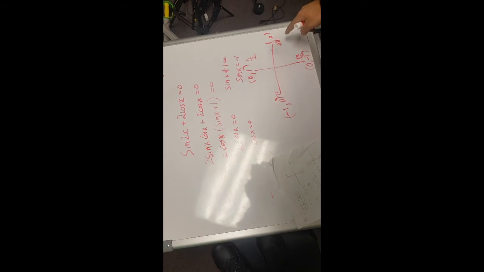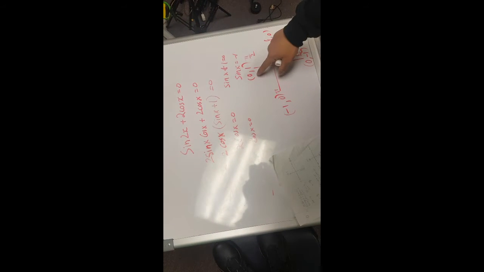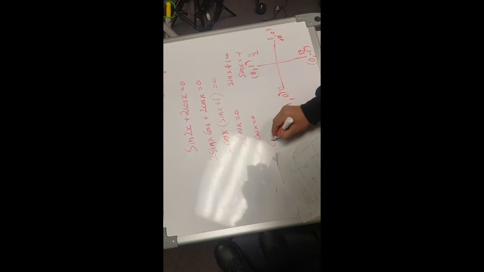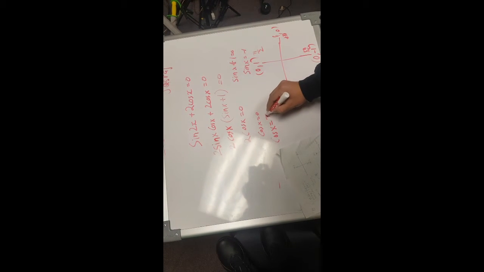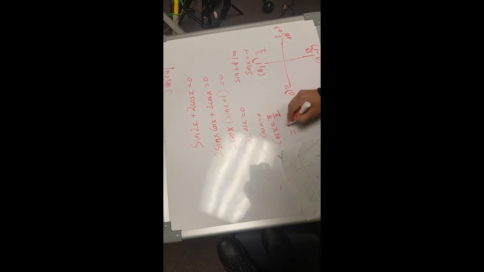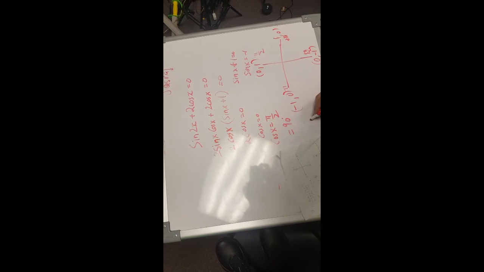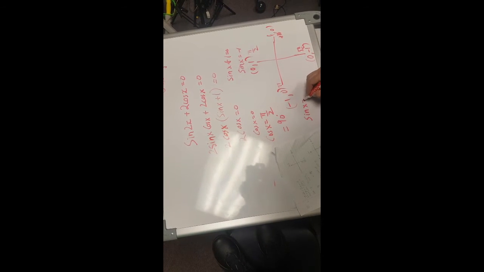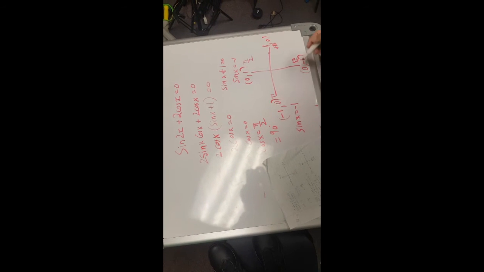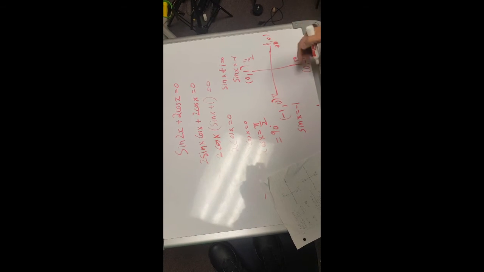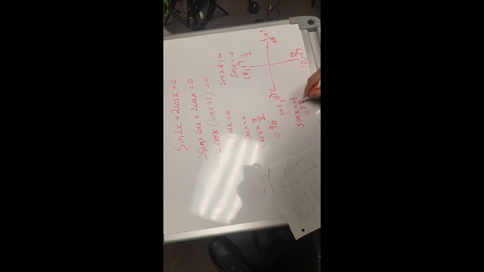And when cosine is 0, it's pi over 2, so x will be equal to pi over 2, which is also equal to 90 degrees. And sine x is equal to -1, and when sine is -1, it's 3 pi over 2, which is also equal to 270 degrees.